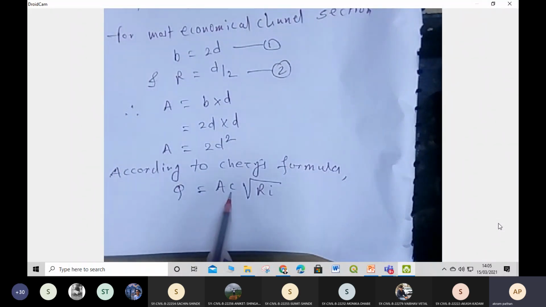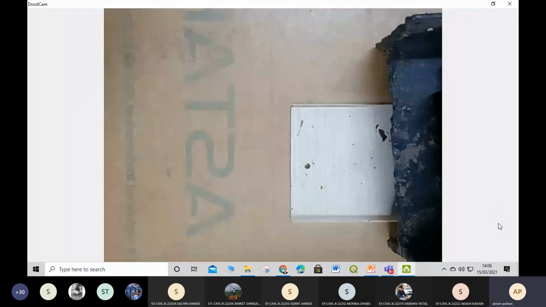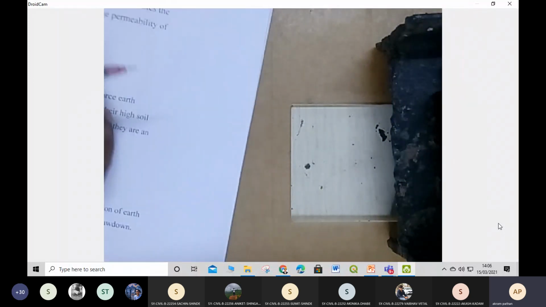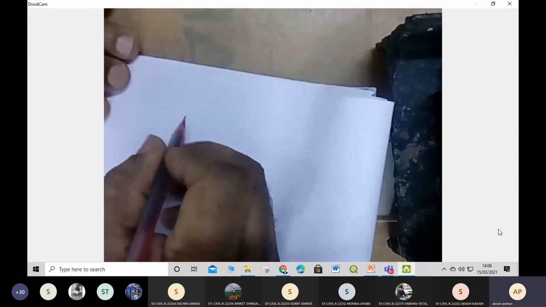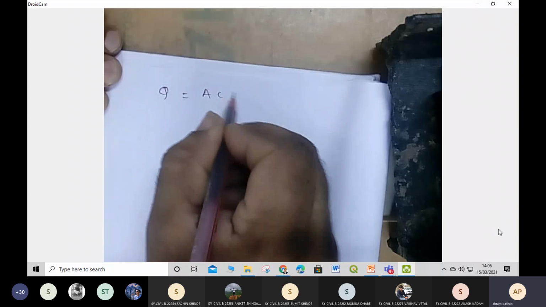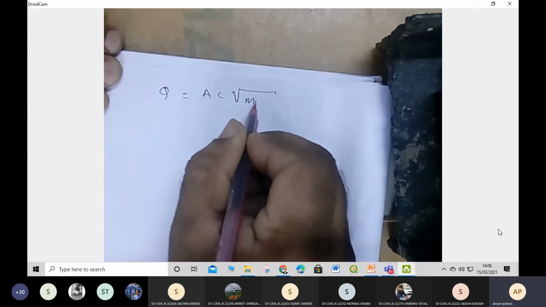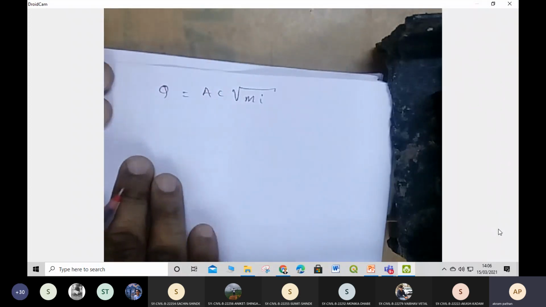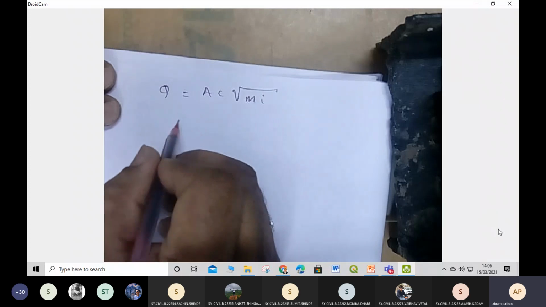AC, area, into velocity. What is the velocity? C under root Ri. So we have the discharge, we have the C, but we don't know area and R. If you simplify it further for this particular example, you will get Q is equal to AC under root mi with the help of Chezy's formula.